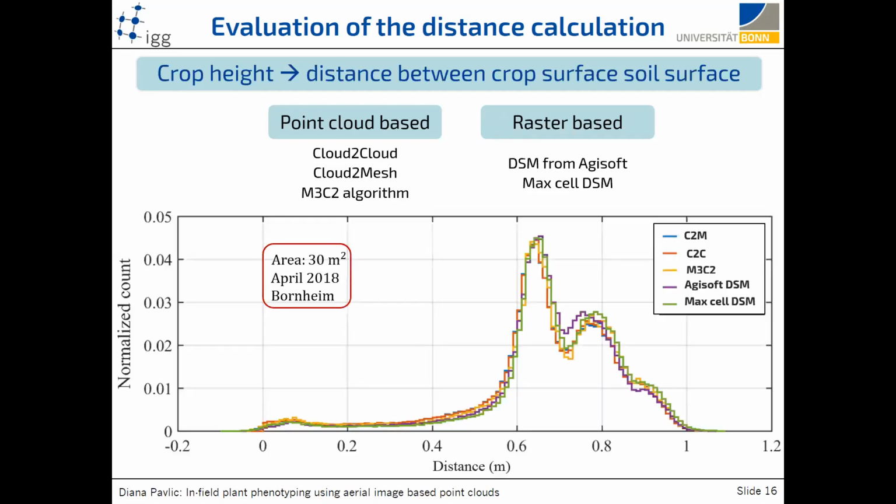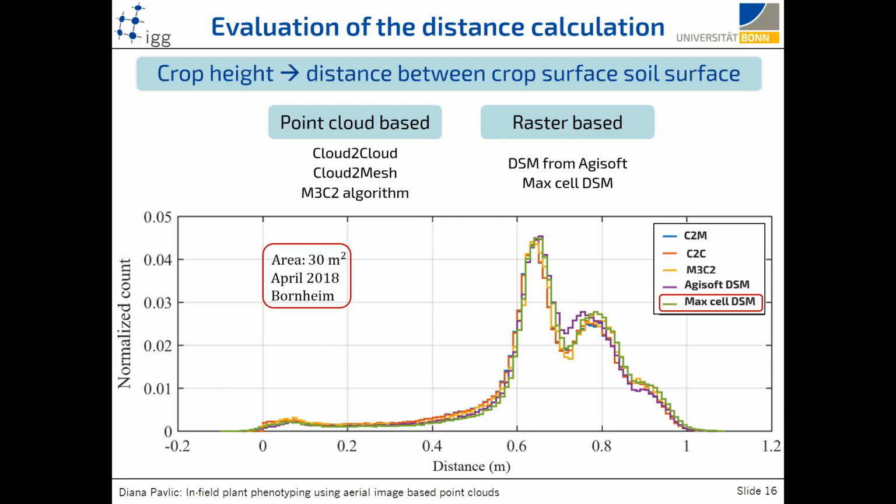What we conclude here is that all the methods behave almost the same, so we should look at the efficiency side and say that probably raster-based methods are easier from the hardware capacity side and so on.